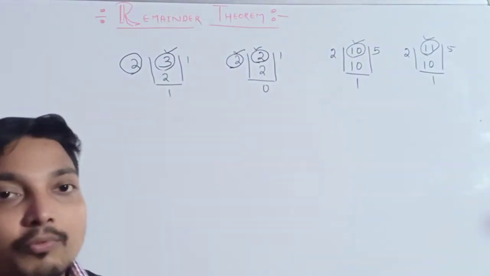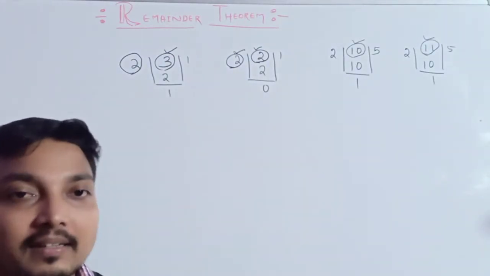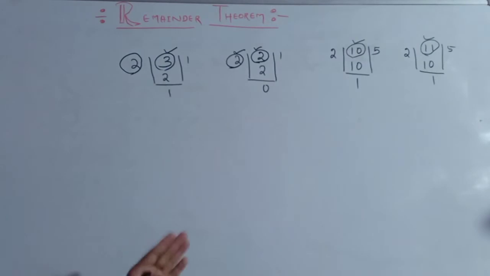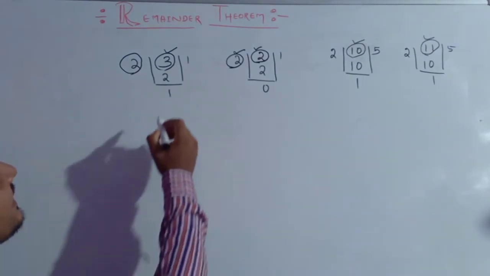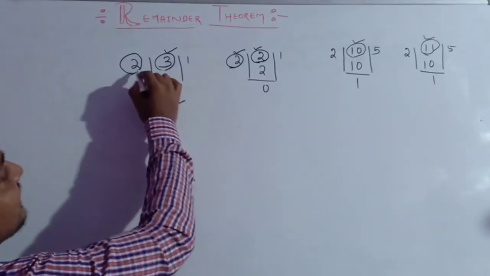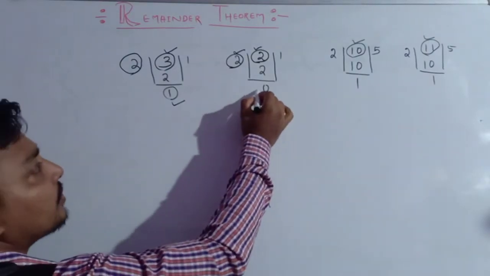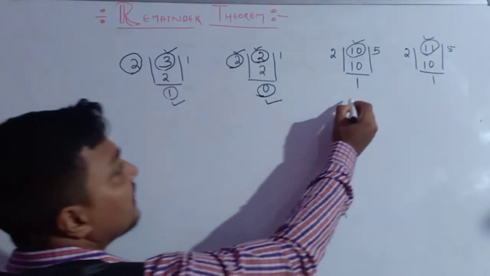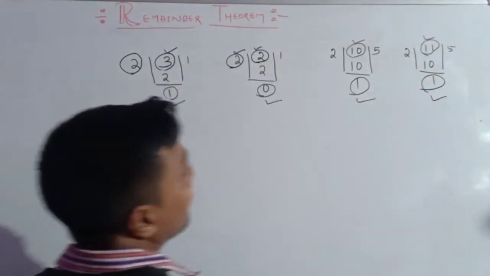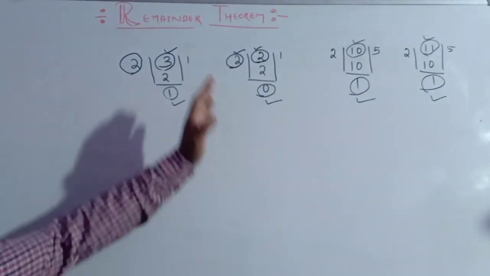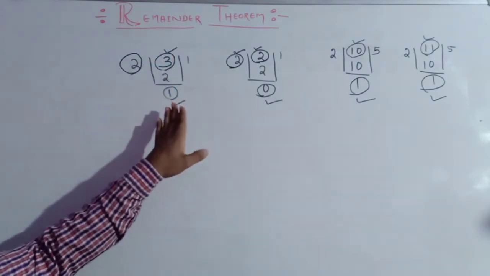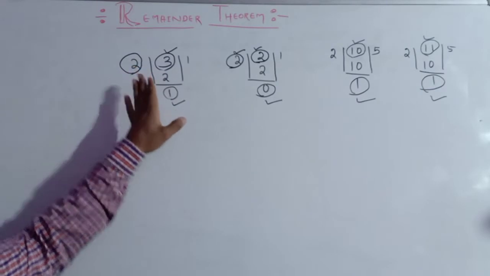So here we are discussing normal number division. We are not discussing decimal results. We are dividing a normal number by another normal number. See, another thing: the remainder is always less than the divisor.